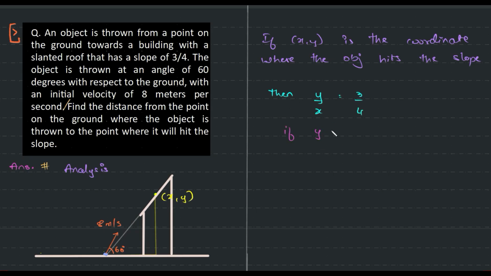So if y is equal to 3b, x is equal to 4b. Right, guys? We take g, and we can take right and up as positive. We take this as 0 comma 0, and x and y are positive. So this is the thing that we have to make use of and solve this. Everything else remains the same. Now it's time for you guys to pause and try it.